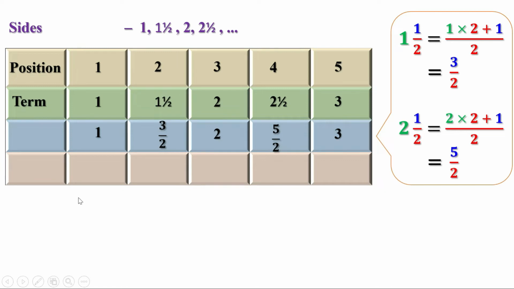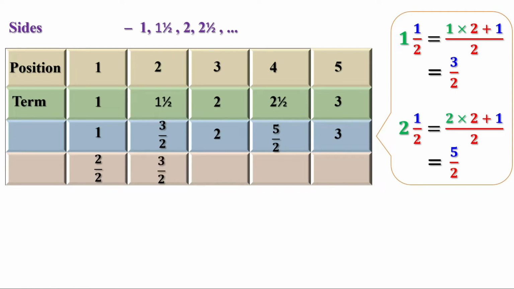Now let us express each and every term as a fraction with the denominator 2. How can we do that? How can we express 1 as a fraction with the denominator 2? One can be written as 1 by 1 or it can be written as 2 by 2. Now it's a fraction with the denominator 2.